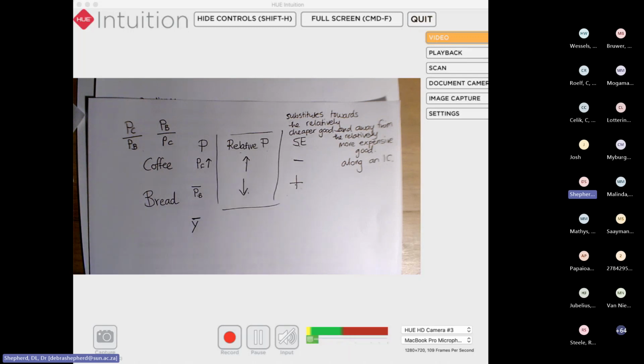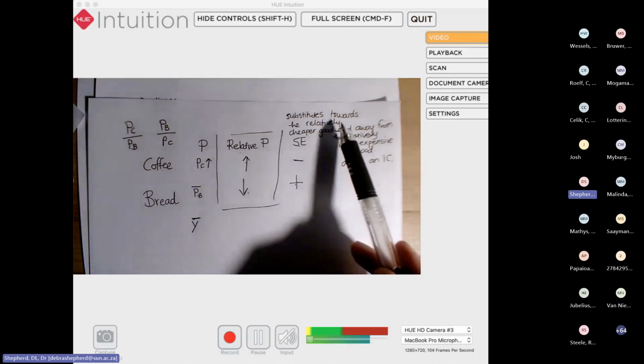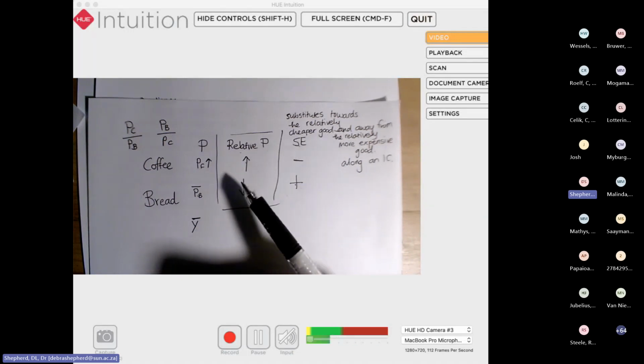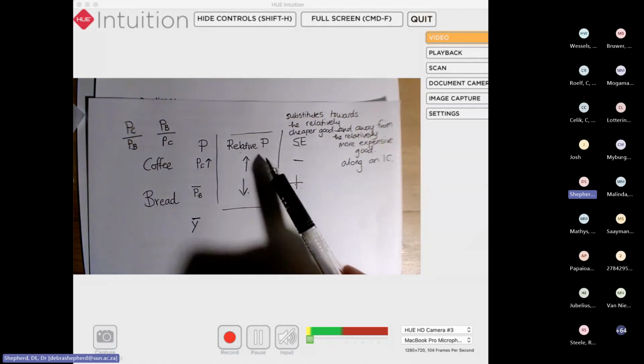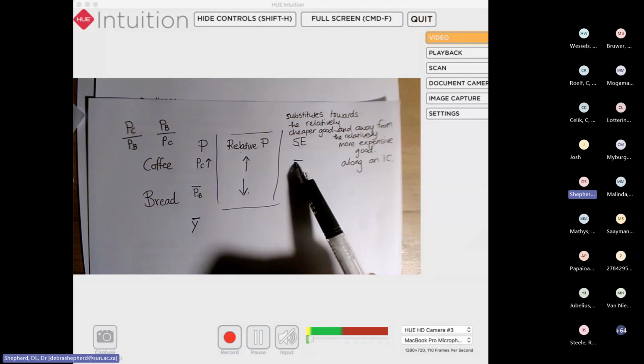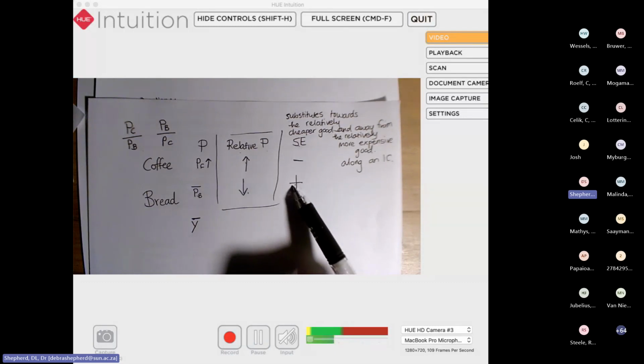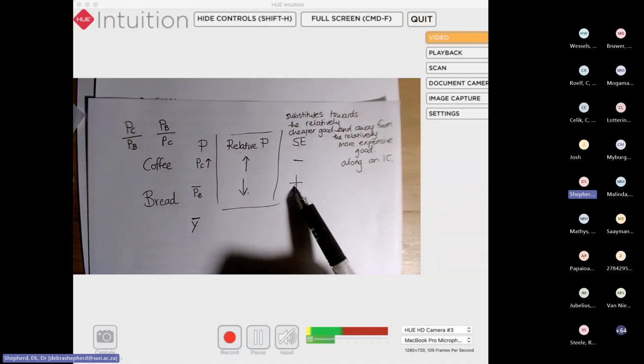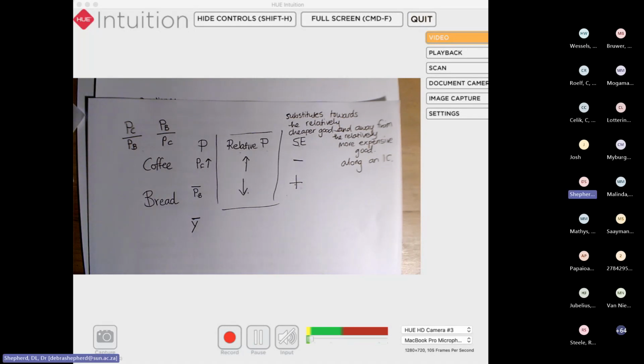Positive is saying more. So the substitution effect says you buy less of the thing that is now relatively more expensive. That's why it's negative. And you buy more of the thing that is now relatively cheaper, which is why the substitution effect is positive. Does that make sense? So the negative and the positive identify your decision to buy more or less of it.